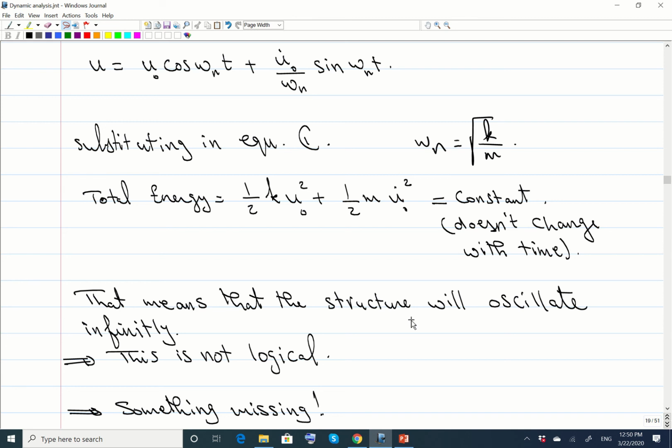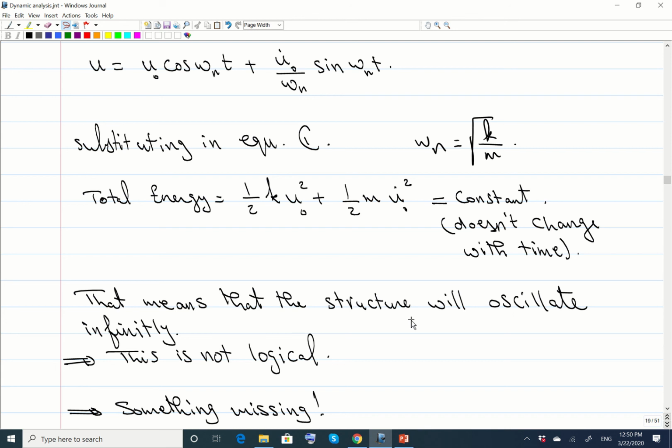When you have a frame and you apply an initial displacement, it will keep vibrating back and forth, forward and backward, maybe for 10 seconds, 20 seconds, and with each cycle the displacement will decrease a little bit, exactly like a pendulum.